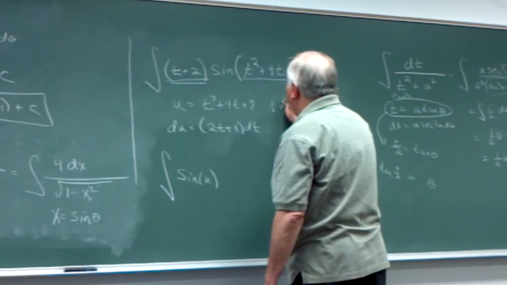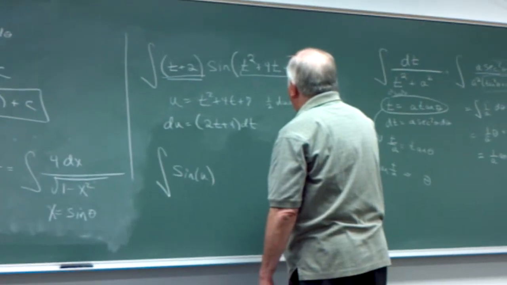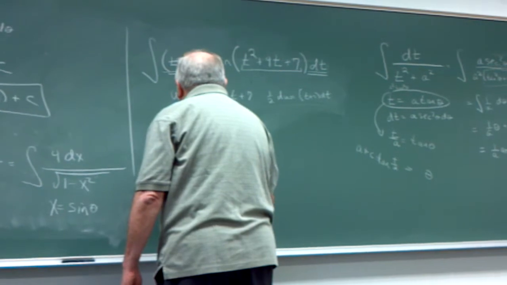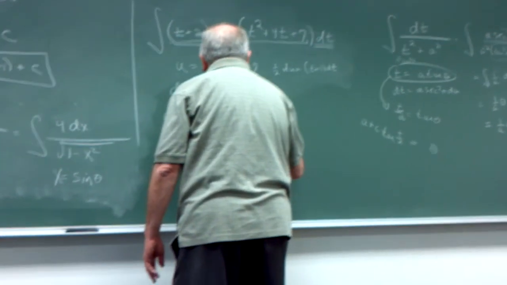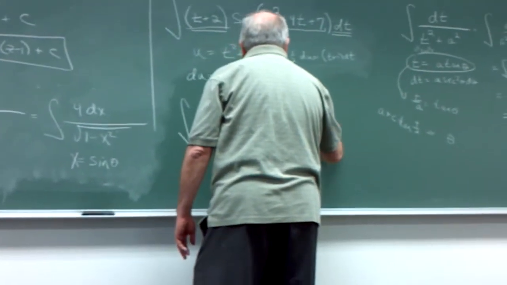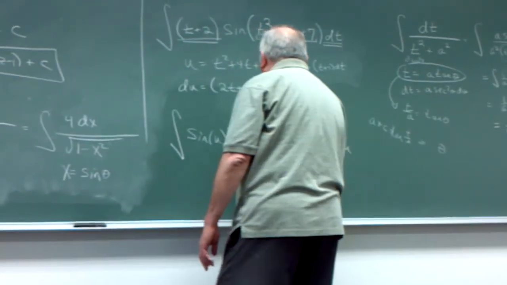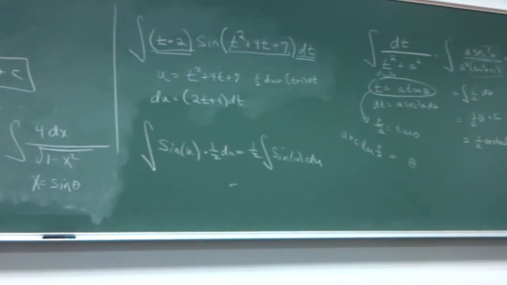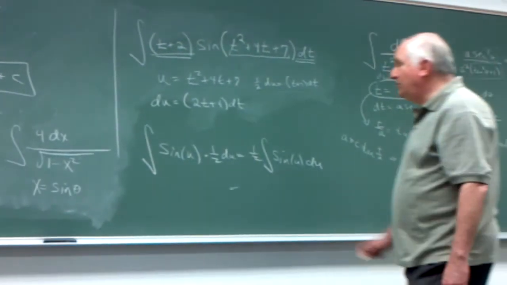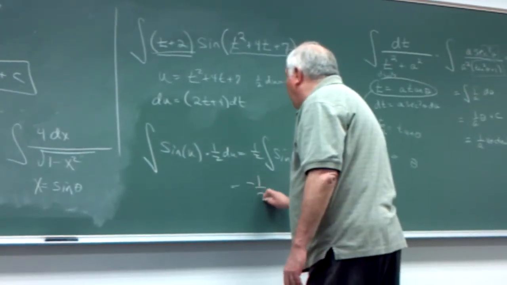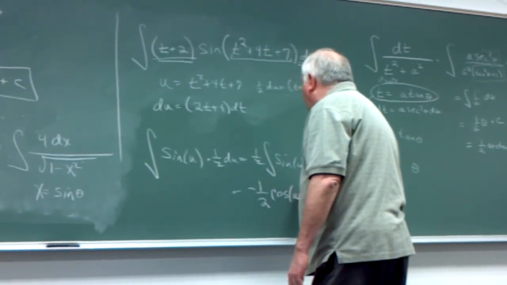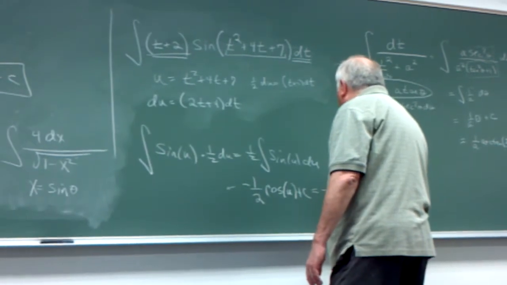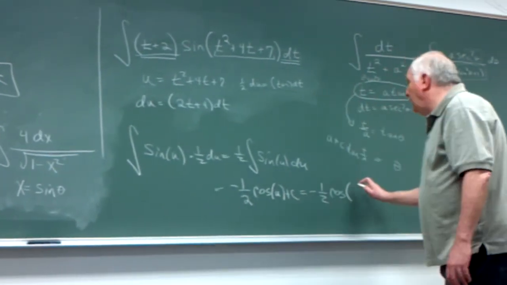So we have the sine of u times 1/2 du. All that's left to do is integrate sine. Well, we know the integral of sine is negative the cosine. So that's minus 1/2 the cosine of u. And u was simply a placeholder for t squared plus 4t plus 7.